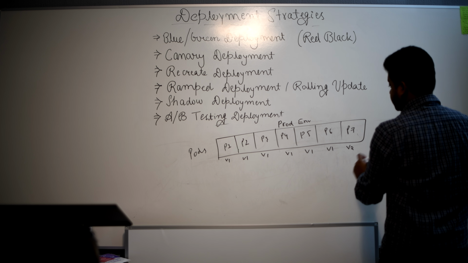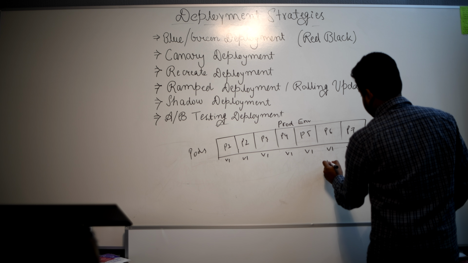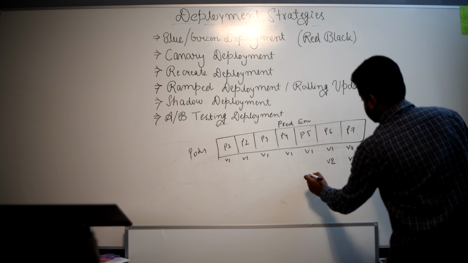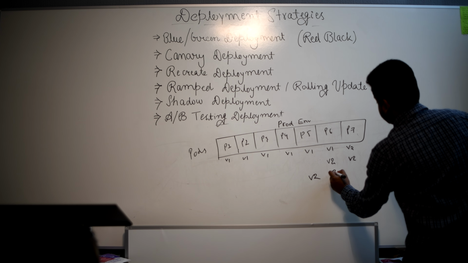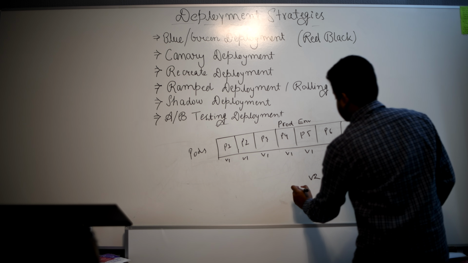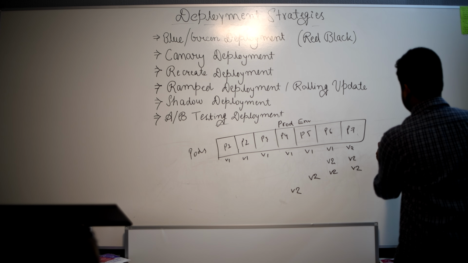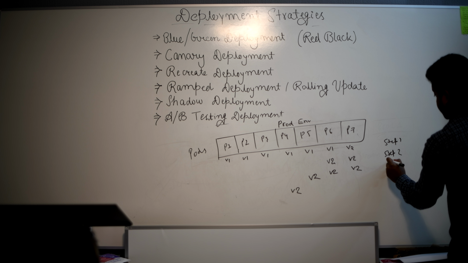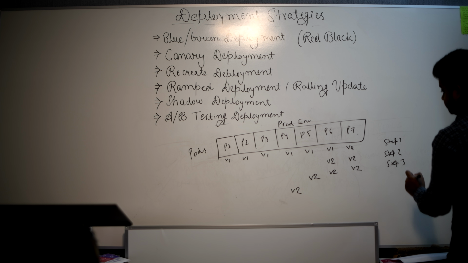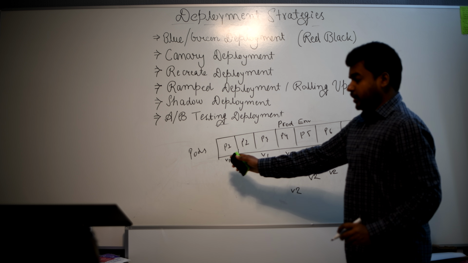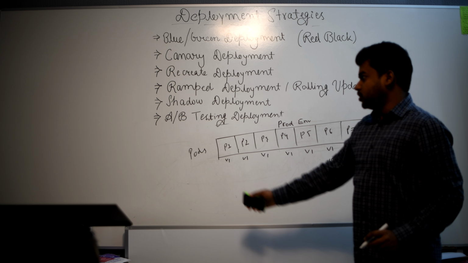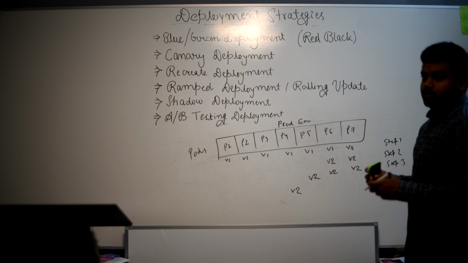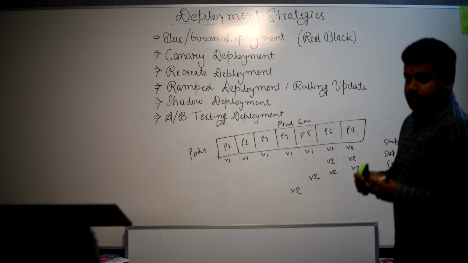So if everything is fine, in the next step this one also will be V2, and then the next step. So these are step 1, step 2, step 3. One by one we deploy the new version to all the pods. So this one is the ramp deployment and the rolling update. Thank you everyone.